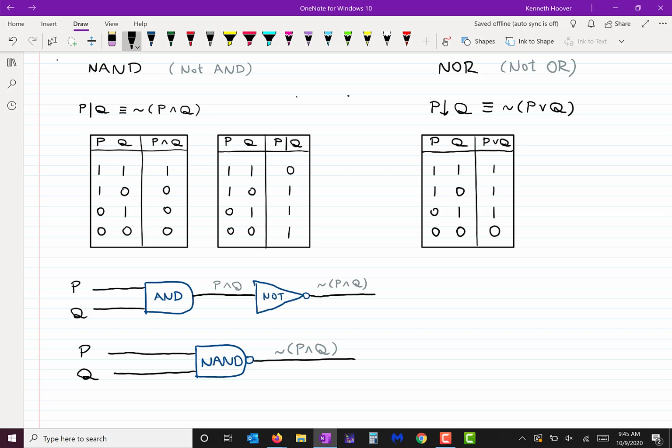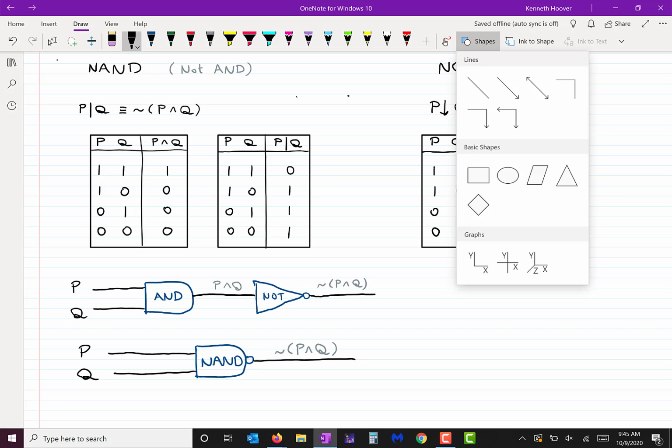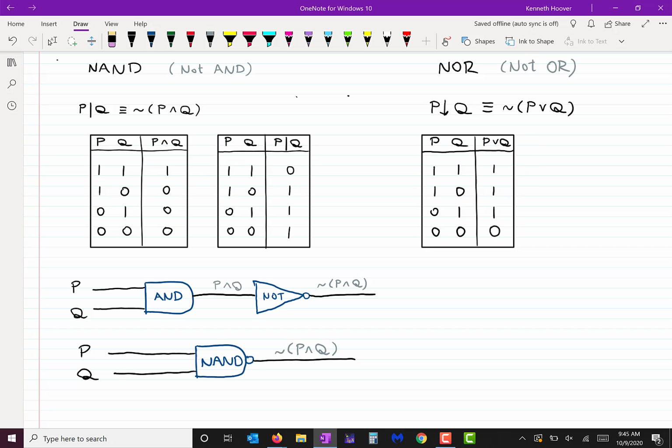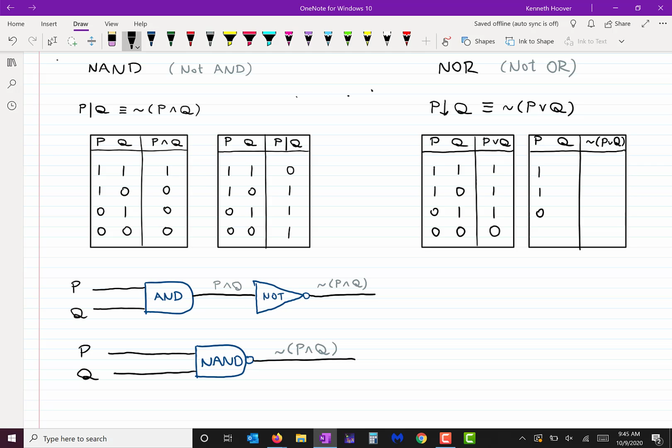Okay, so that's the input-output table for P or Q. Therefore, the input-output table for the negation of P or Q should look like this. The last column would be 0, 0, 0, 1.